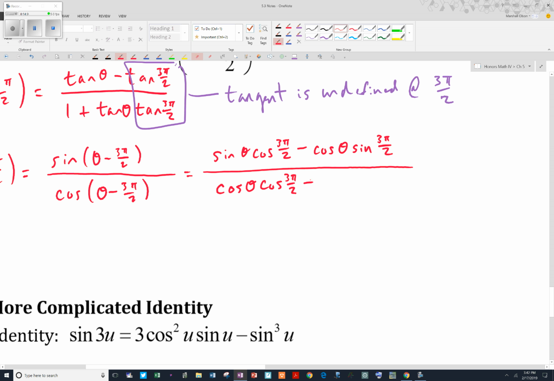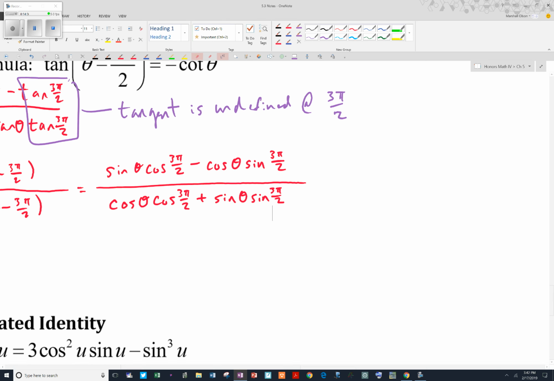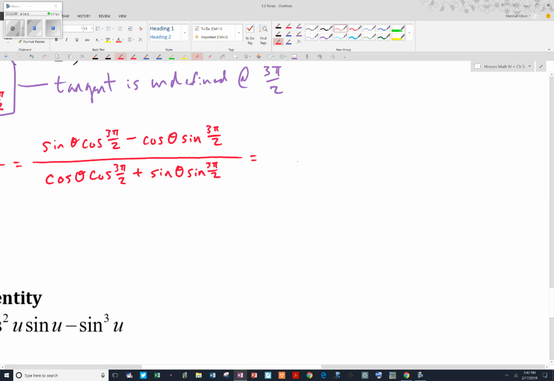Remember, cosine difference has addition. And all of these are defined. We can find all these values. All right, so the cosine of 3 pi over 2 is 0.